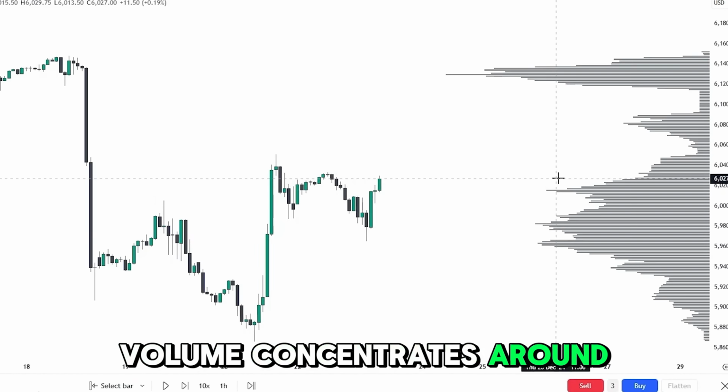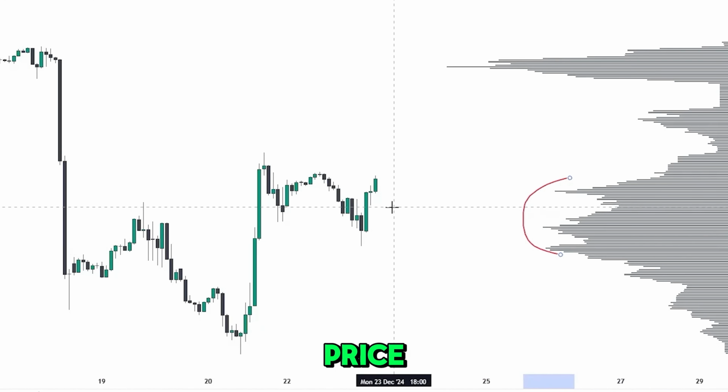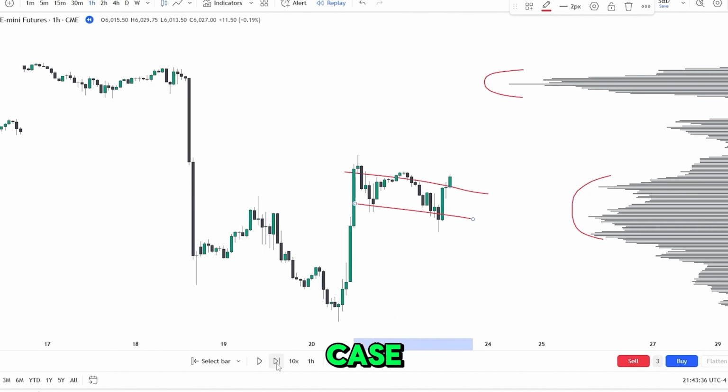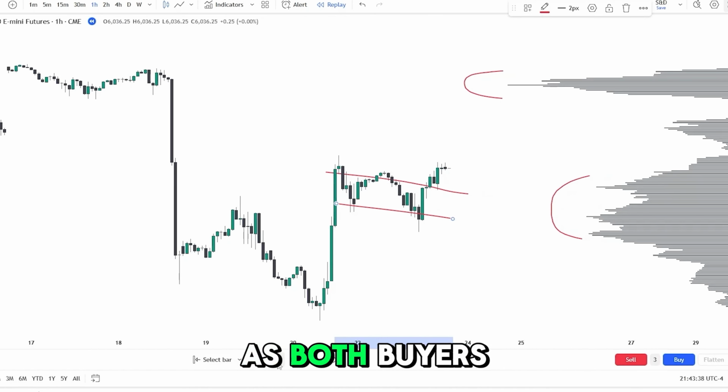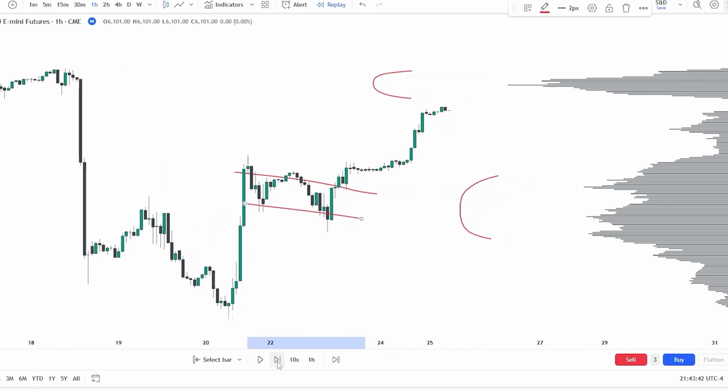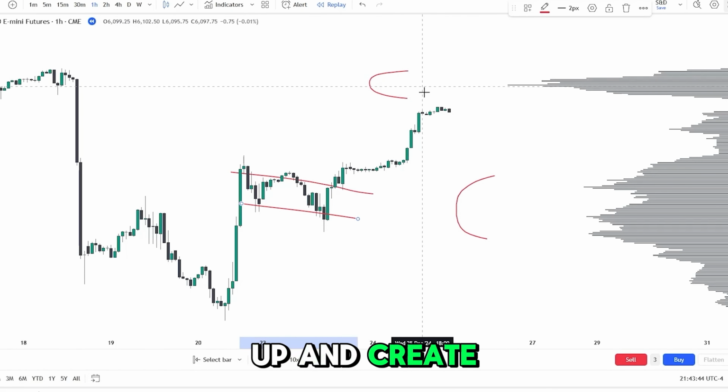Volume concentrates around a few key price levels. And the way price typically moves is that it'll hover at one key price level until one side gets more aggressive and breaks out. Let's say it's buyers in this case. So the market is moving sideways as both buyers and sellers are balanced. Then suddenly buyers get aggressive. Well, this will push the price up and create an uptrend.